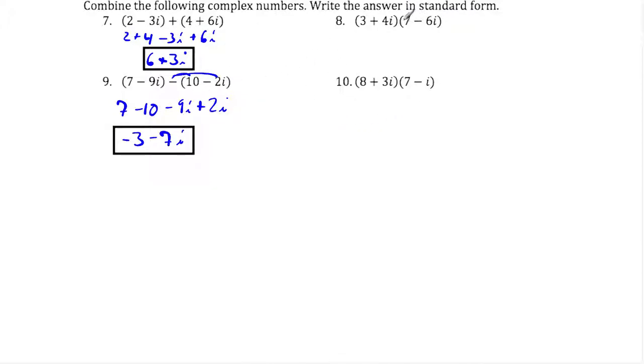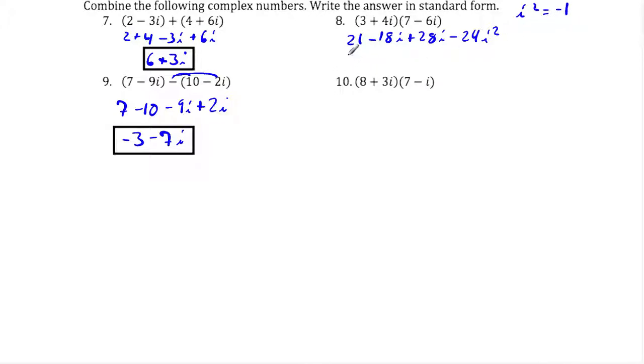Here we want to multiply, so we're going to be multiplying these binomials together. So if I multiply this out, I get 21 minus 18i plus 28i minus 24i squared. Now bear in mind that i squared is equal to negative 1.